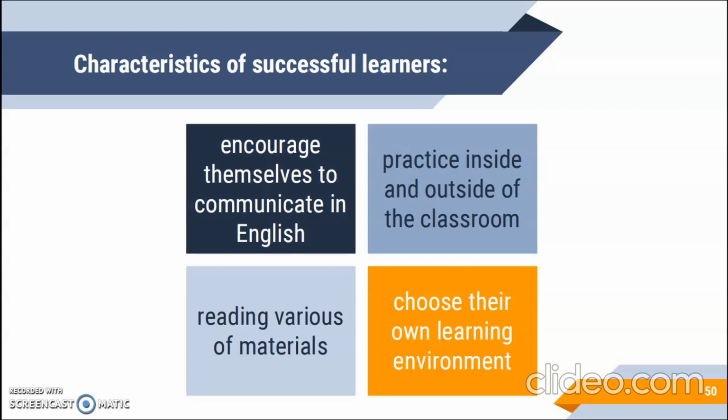Successful learners should put more effort into gathering information from other materials or sources. Last one, choose their own learning environment. This is related to how learners are responsible for their own language learning environment. That means by being independent, learners should be able to make their own decisions and choose what's best for themselves.